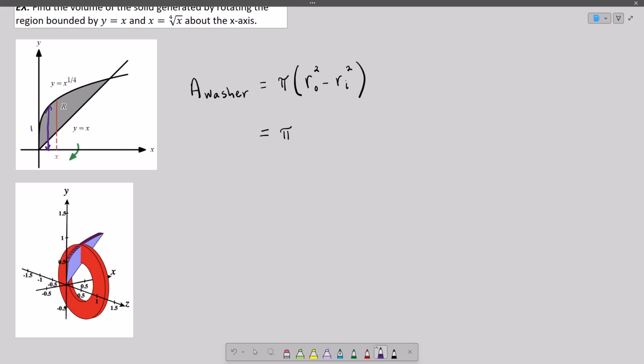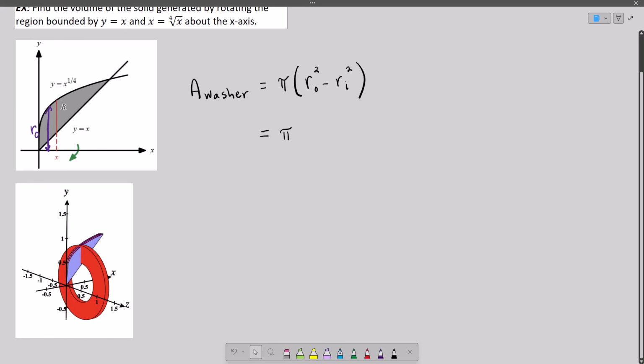That is our outer radius, and that is given by the top function. And so that vertical distance, that y distance, is going to be x to the 1/4. So that is going to go in here, x to the 1/4, and then we will square that quantity.